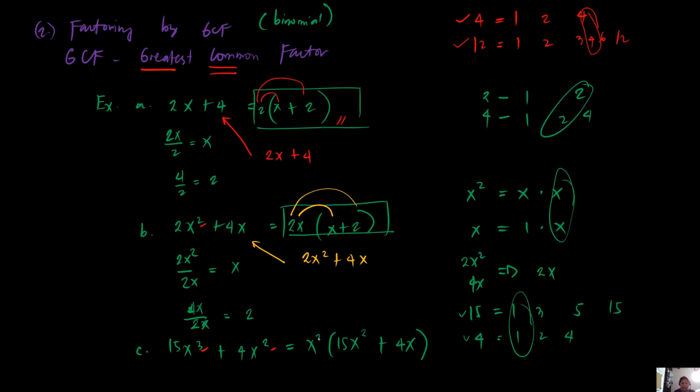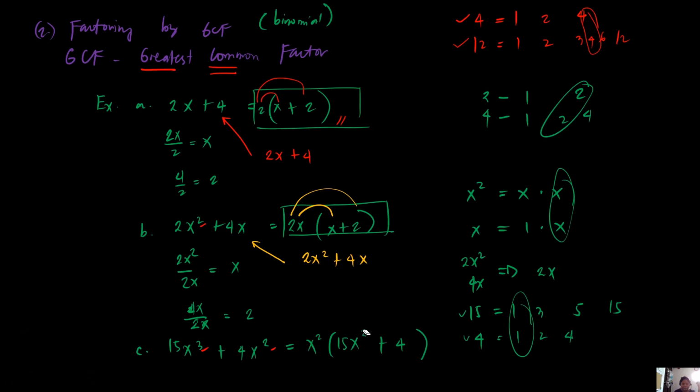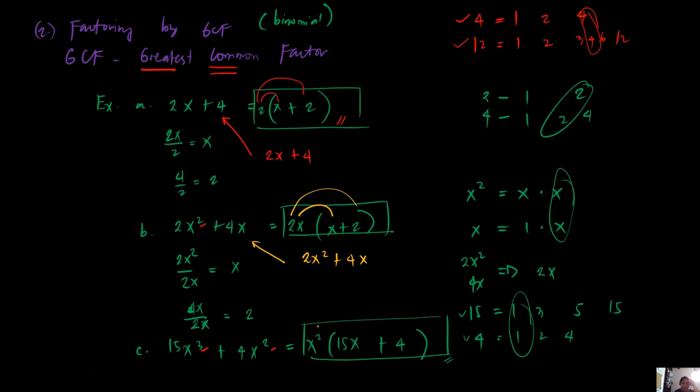Sorry, correction, x squared is our common factor, since x squared is the lowest. Okay? So if we do the distributive property, let us see if this factor is the final answer. We have x squared times 15x, we will have 15x cubed. x squared times 4 is equal to positive 4x squared. So we go back to the original expression.